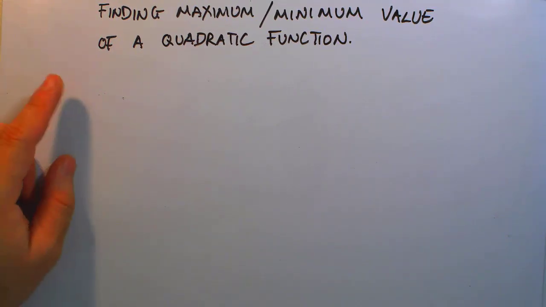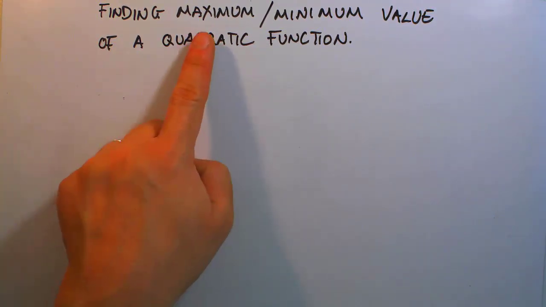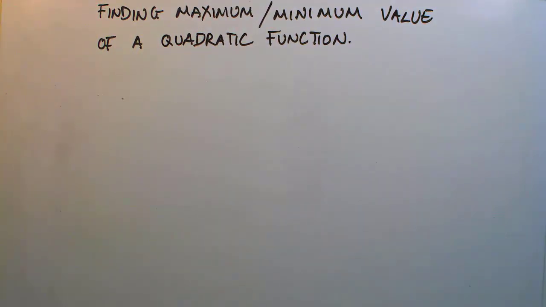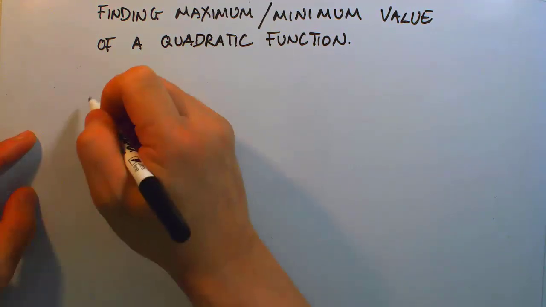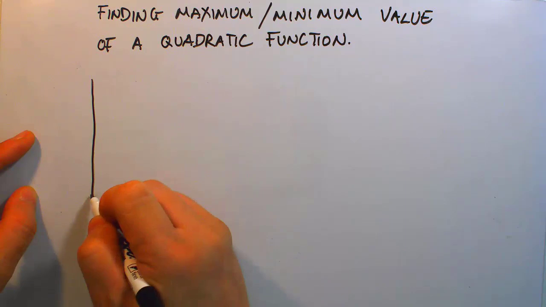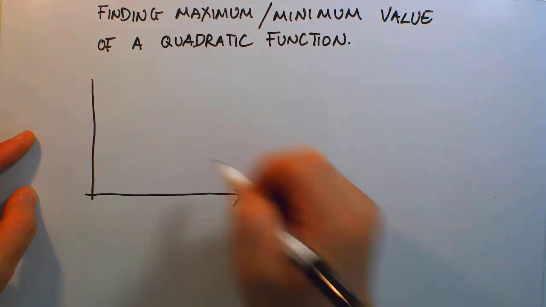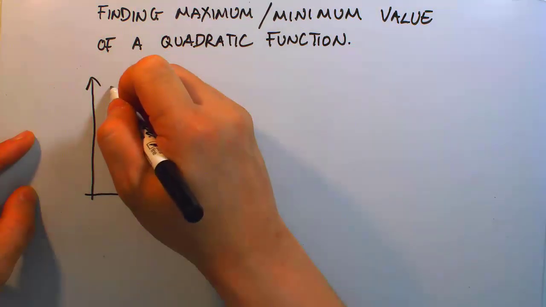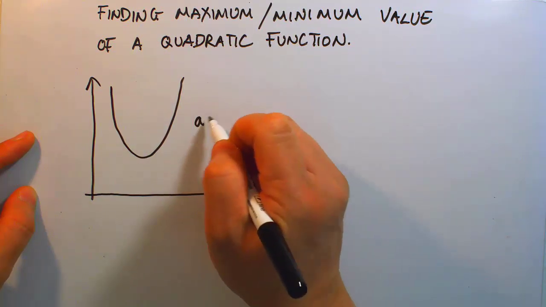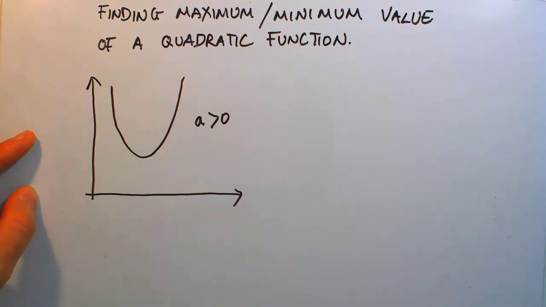Let's take a look at how we can find the maximum or minimum value of a quadratic function. As a reminder, a quadratic function has its graph as a parabola pointing up like this when the quadratic coefficient is a positive value.